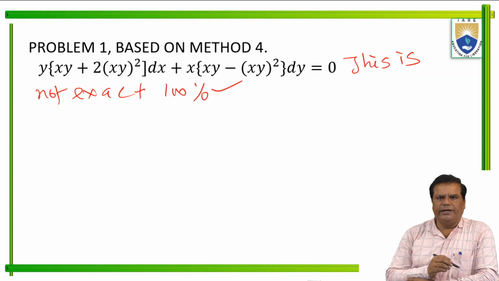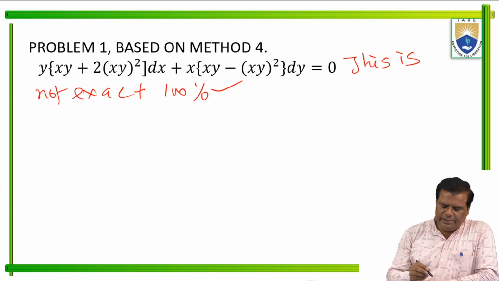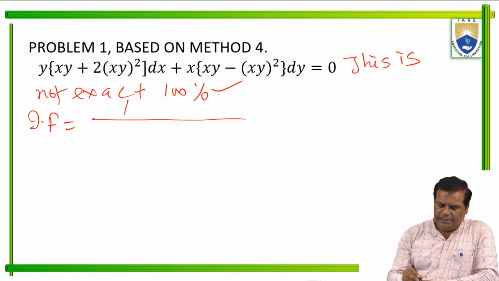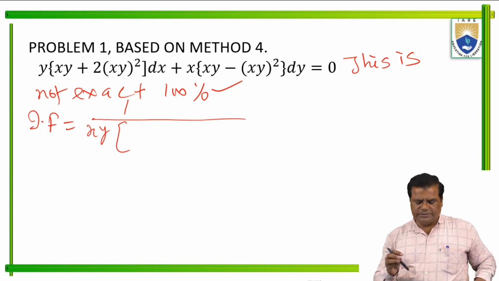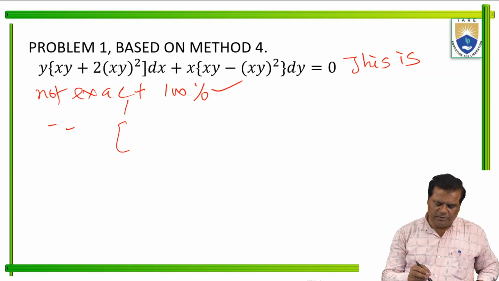So now here I am taking the IF, integrating factor, 1 upon mx minus ny. M multiplied by x, so xy is common, and here n multiplied by y, so xy is common here. I am writing this as mx, making it simple, a little easy.